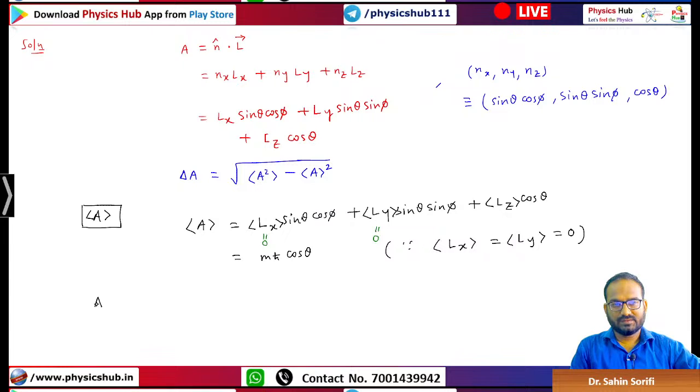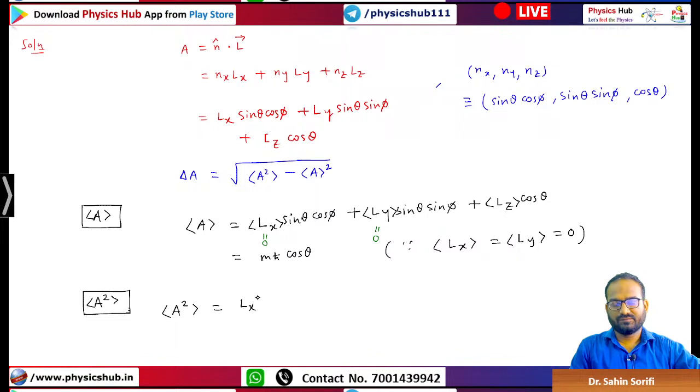Now let us calculate the expectation value of A square. So A square, what will it become? It is like the component square.